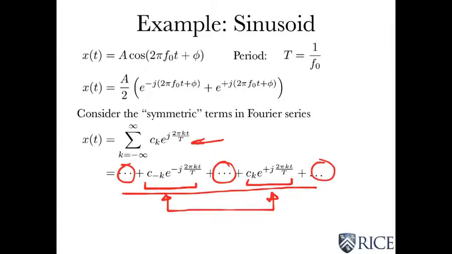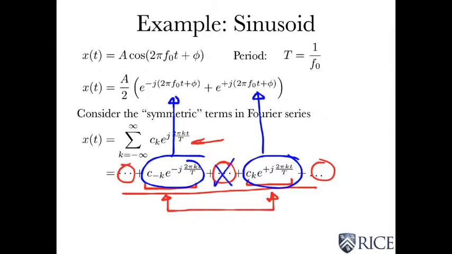Well, notice that this looks a lot like that, and that looks a lot like that. So I think if we pick k equals 1, we have found our Fourier series coefficients. All the rest of these are going to be 0 because we found how to express the sine wave by this sum.